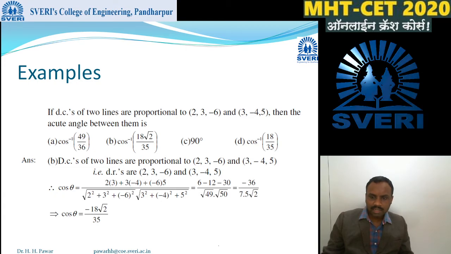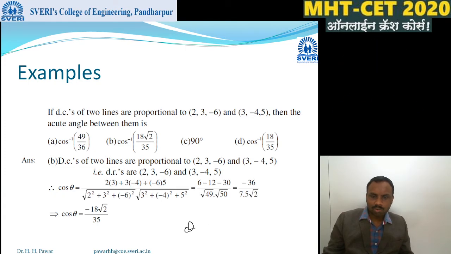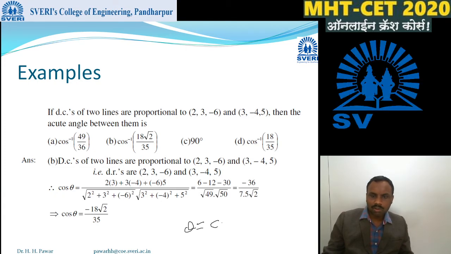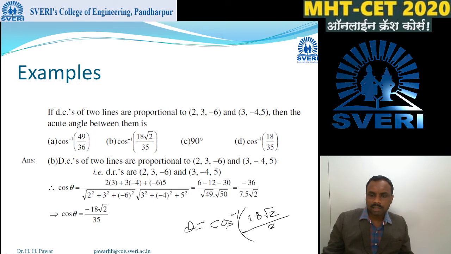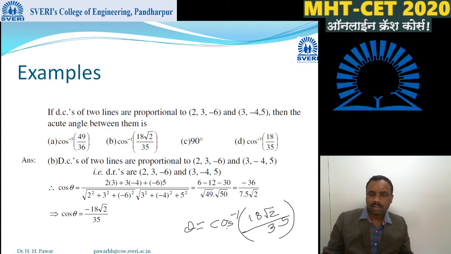Hence theta is equal to cos inverse 18 root 2 divided by 35 in this case.